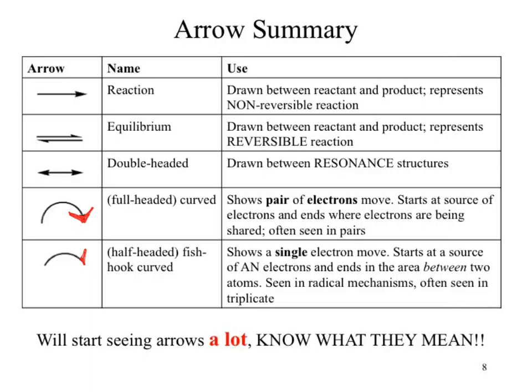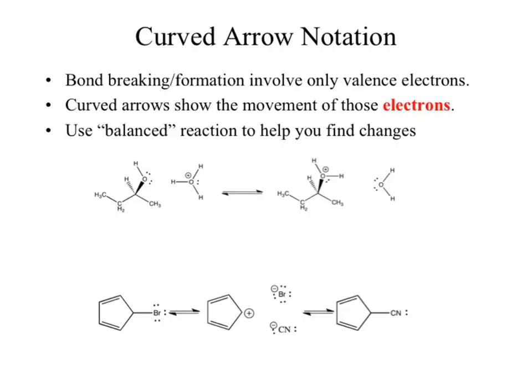This summarizes their uses and gives you common times when they show up. So make sure you know those. Yes? We won't have to worry about moving more than 2 at a time. You will never move more than 2 electrons at a time with a single arrow. If you need to move more than 2 electrons, what do you need? You need more arrows. No, that's a good question.